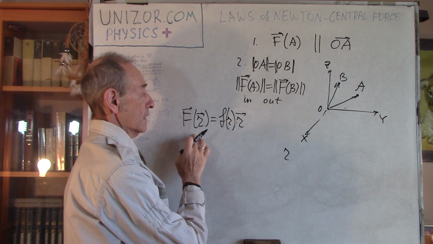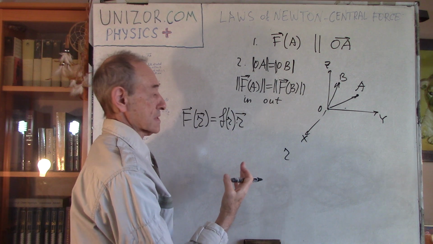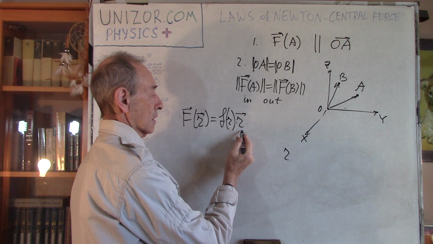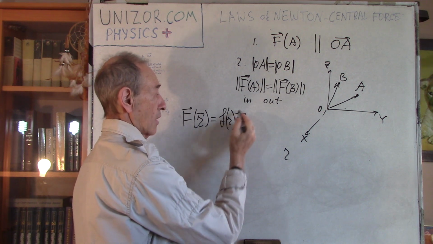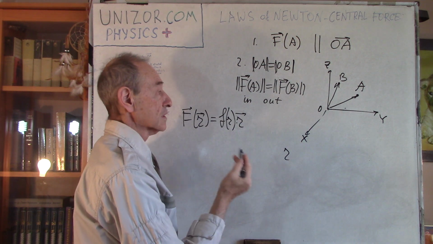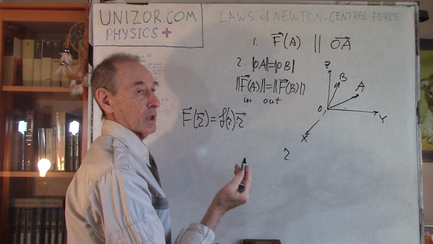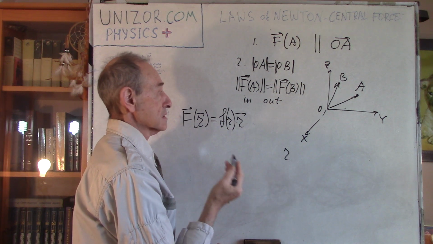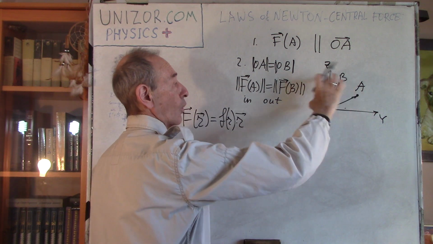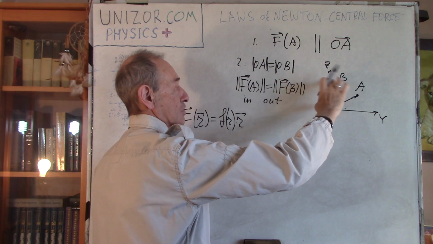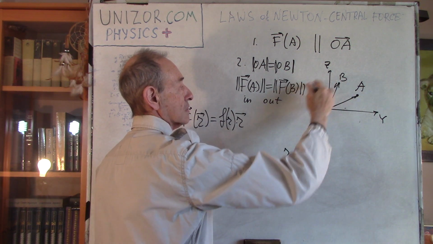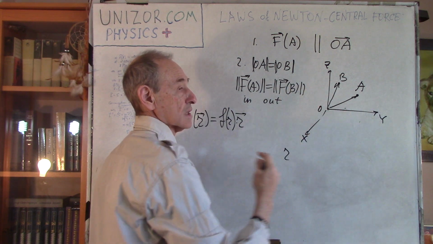Now, why is this a correct representation? For an obvious reason. It's supposed to be collinear with r, and that's why I can put r with some multiplier. What does this multiplier depend upon? It obviously depends on the length of the radius, because all the force vectors measured at points on the same radius have the same magnitude.